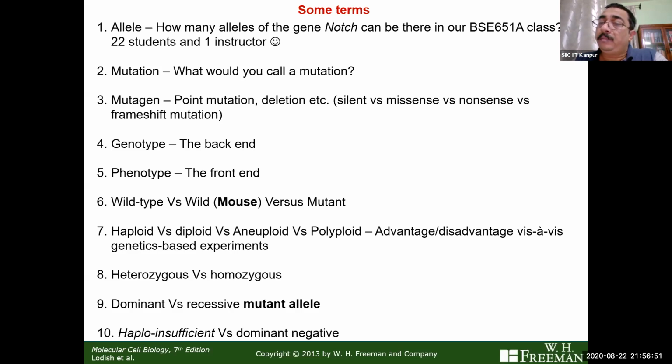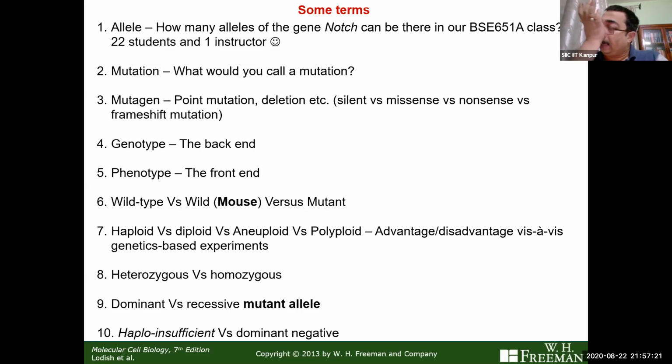If it is 2 copies of each gene, then that is the diploid set, which all our cells, other than the germ cells, are. In a diploid cell, because I am a male, I will have 22 pairs and an X and a Y. Aneuploid is, in a normal organism, just one chromosome will be missing.